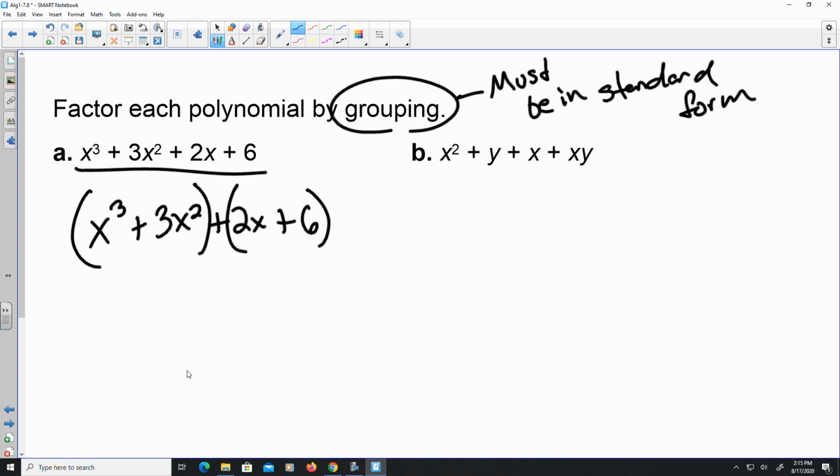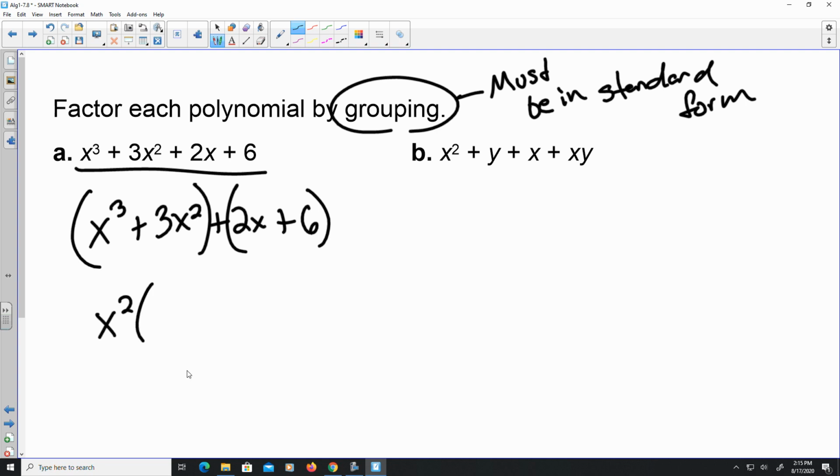Now what you're going to do is look at each individual parenthesis and factor each one. So now, what can you factor out of x cubed plus 3x squared? In this case, it's going to be an x squared.